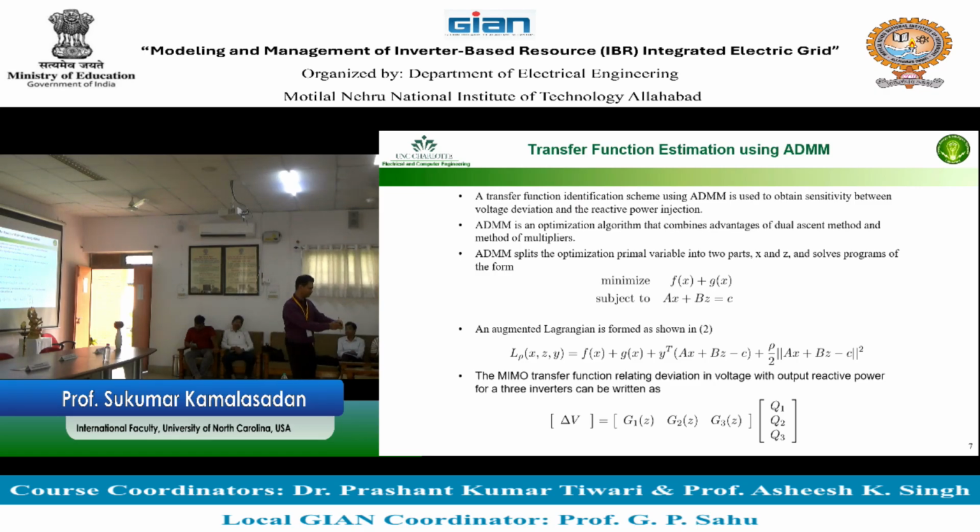Again, we are putting the active power topic a little bit later. We'll talk about that. So reactive power and voltage can be balanced with the help of this equation. This is an objective function and this is a constraint. You can see this objective function can be represented in the linearized form.